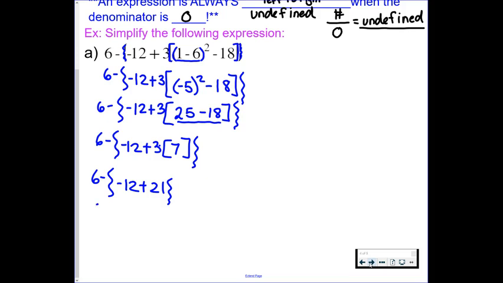Negative 12 plus 21 is positive 9. And last step is the subtraction. 6 minus 9 is negative 3. So that is how you use PEMDAS to simplify an expression when you have brackets and parentheses and a lot of stuff going on.